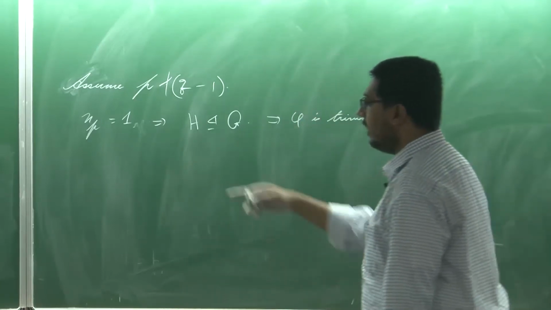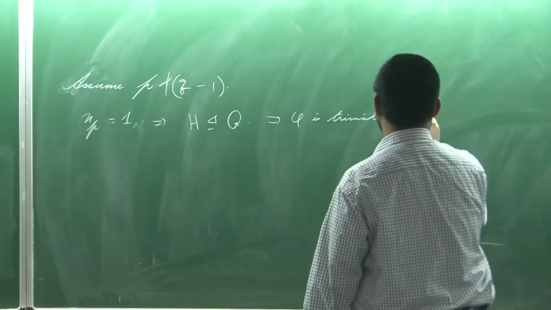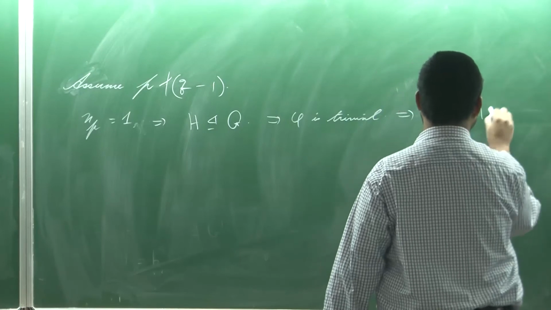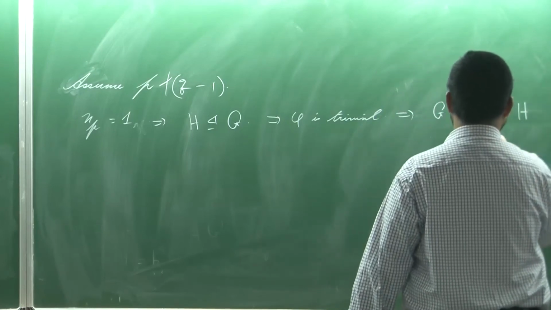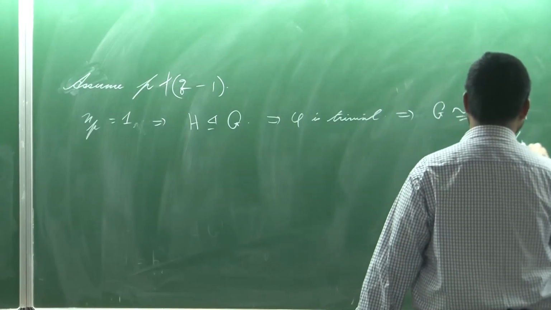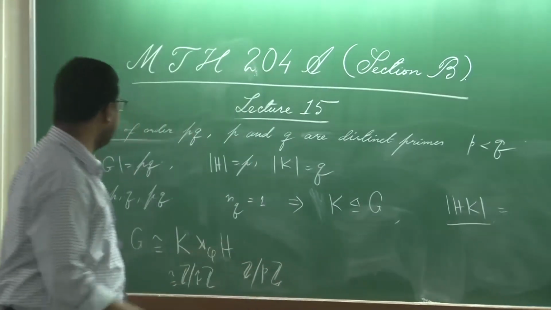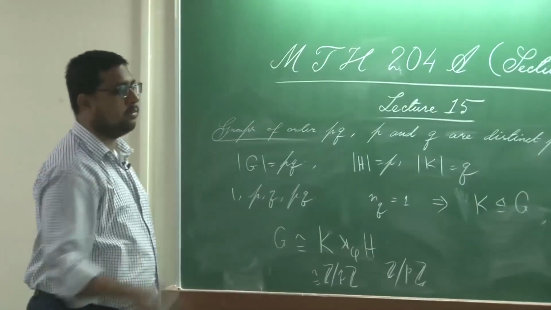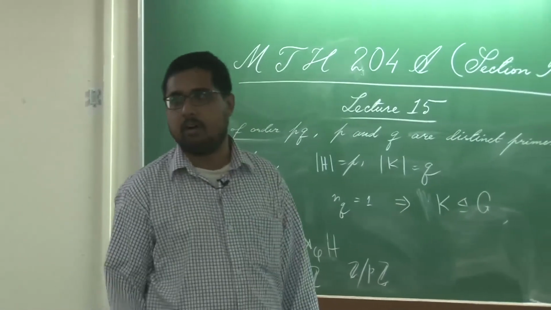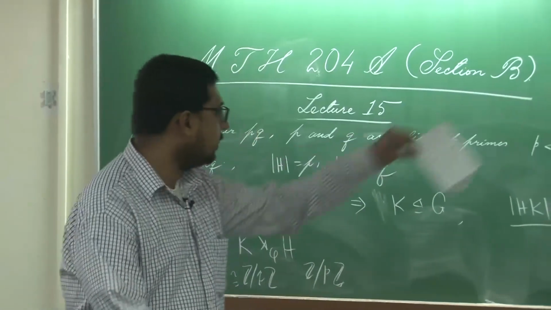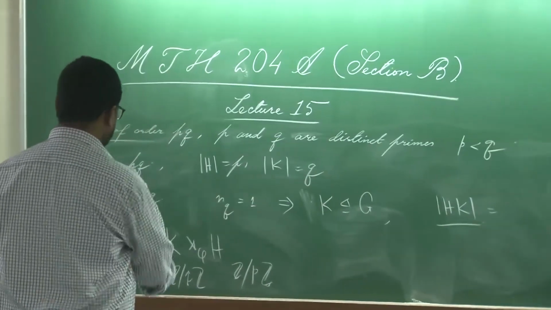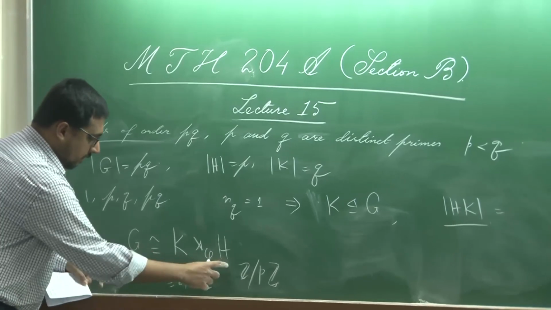Once phi is trivial, then this is in fact H times K, which is isomorphic to Z modulo pqZ. That is, in this case, if p does not divide q minus 1, then after isomorphism there is a unique group of order pq, namely the cyclic one. Let me just repeat this argument.